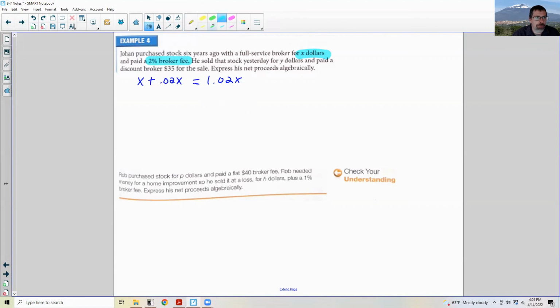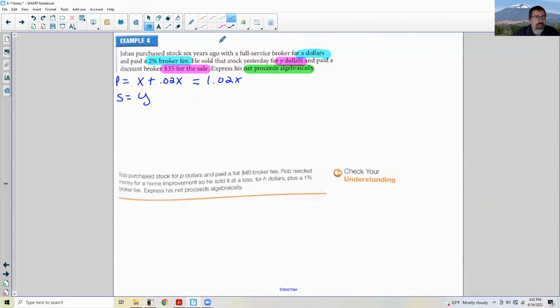Okay, so anyhow, let's continue. It then says he sold that stock yesterday for Y dollars and paid a discount broker $35 for that sale. Express his net proceeds algebraically. Okay, so let me now switch to this color pen, and now I'm going to address the sale. So let me just call this purchase P. Okay, and now sell is going to be, well, he sold for Y dollars, but he paid a $35 broker fee.